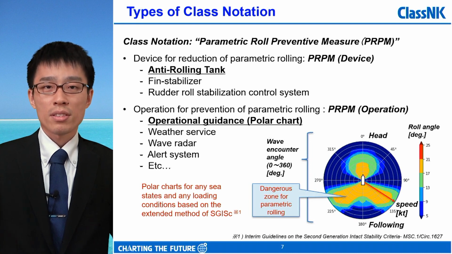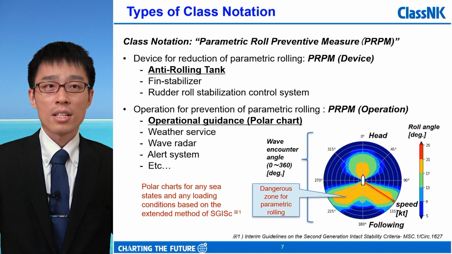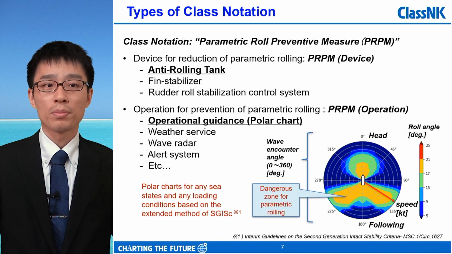In this polar chart example, the radial direction is the ship speed, and 0 degree is fixed at head sea, and the contours are drawn at the maximum roll angle.